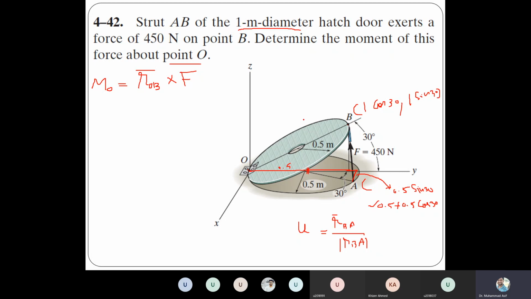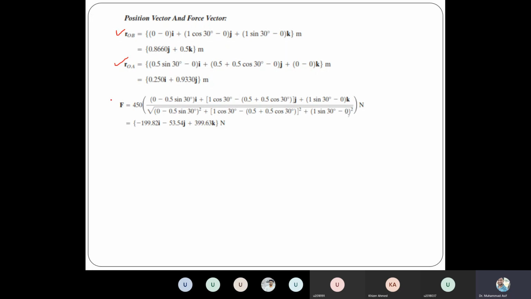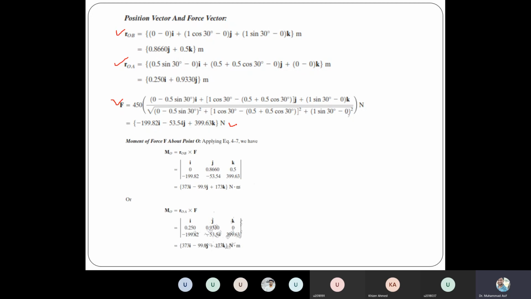We know the coordinates of OB, so can you calculate that force? First we need the position vector R_OB. Then we convert the force into a vector by multiplying the force with the unit vector. Then we take the cross product.